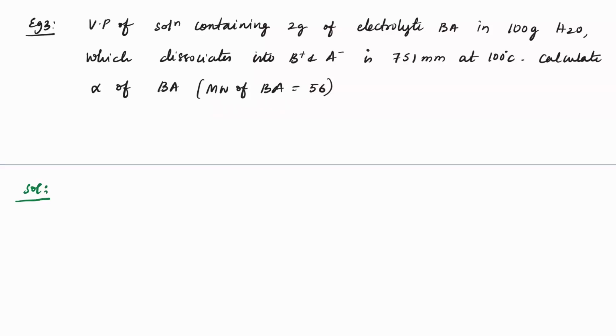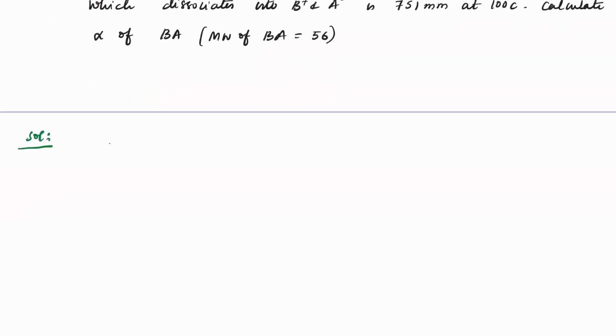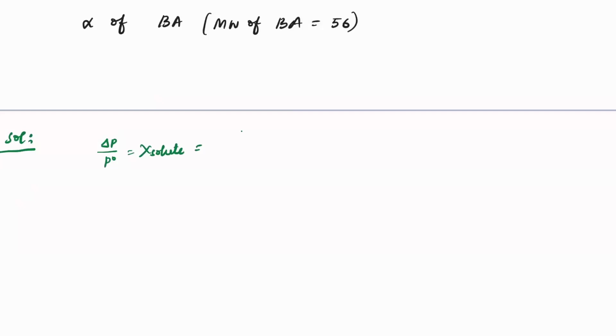Correct. So that is the theoretical value. So we need to figure out the molar mass of the experimental value, or we can say the mixture value. Now you notice that delta P by P naught will be equal to the mole fraction of the solute. Correct. So the mole fraction of the solute can be written as the number of moles of solute by the number of moles of solute plus the number of moles of solvent.